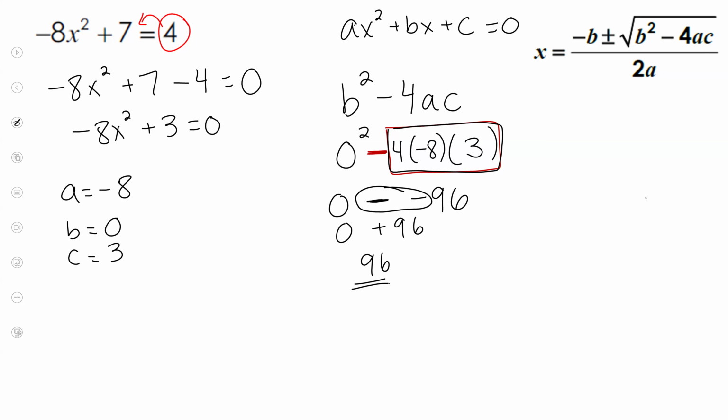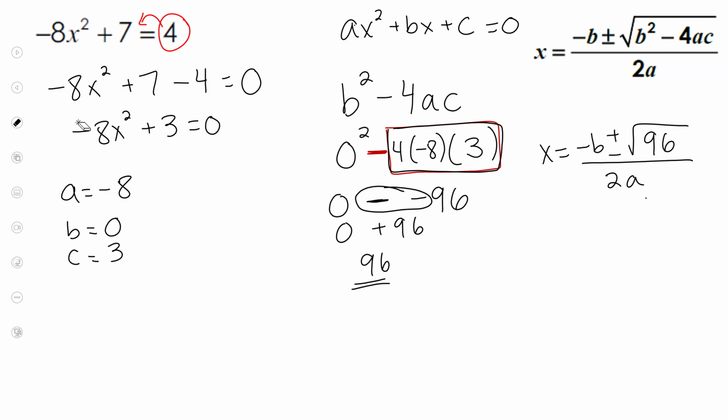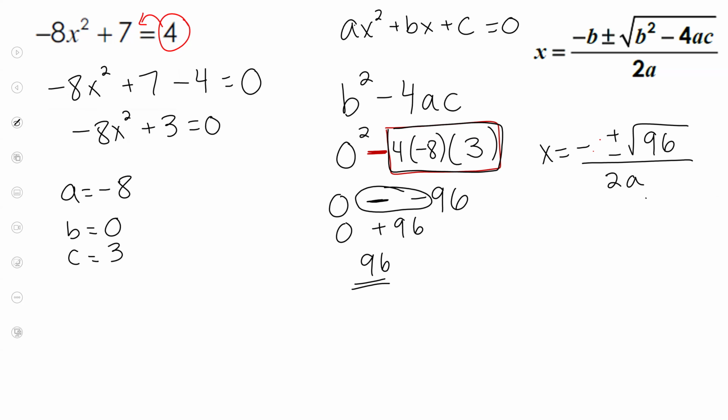Okay, so let's go ahead and use the quadratic formula. X equals negative b plus or minus square root all over 2a. I'm going to put my discriminant under the square root symbol. Okay, I can erase this b value and put a 0 there.